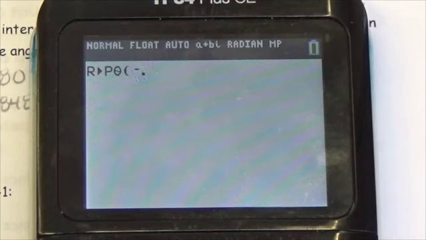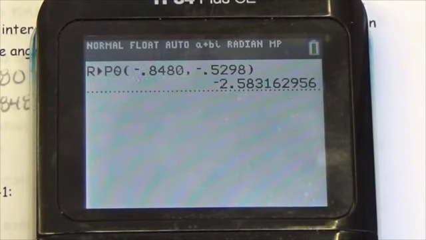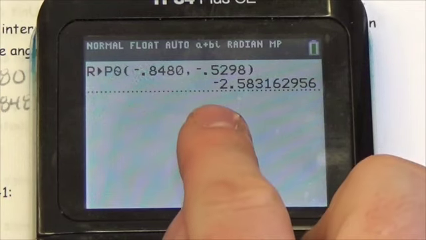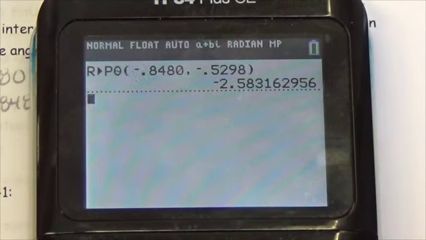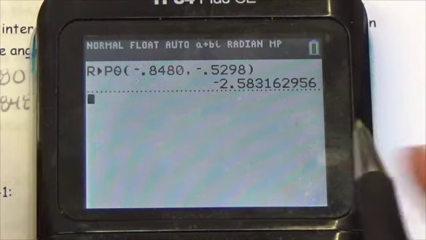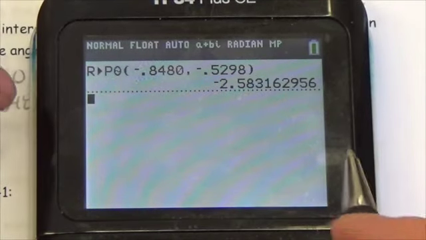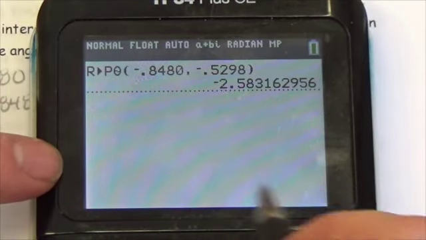once you've chosen that, what you do here is you simply enter in the coordinates as you get them, 0.8480, comma, negative 0.5298. And when I press enter, it gives me a negative angle here, because the calculator is actually working from a domain of negative pi to positive pi.